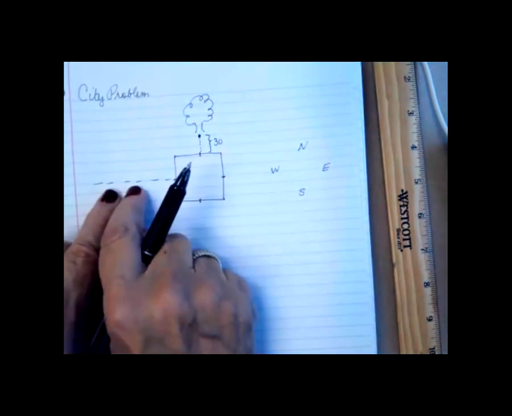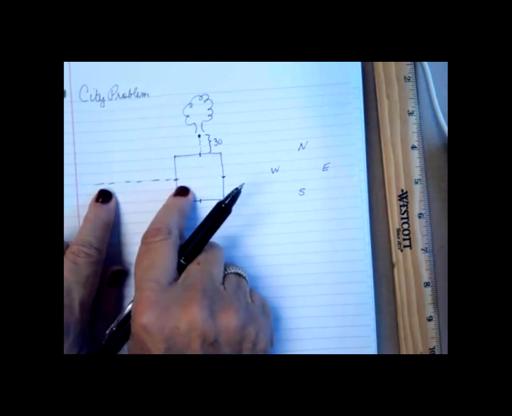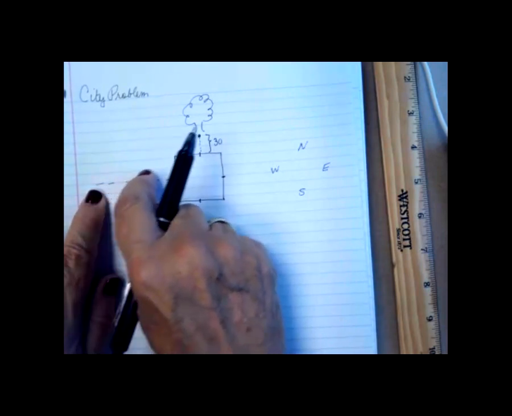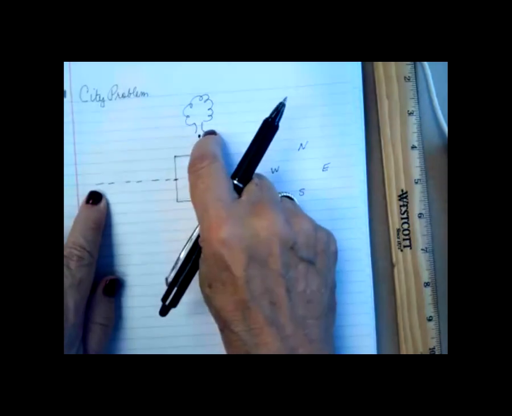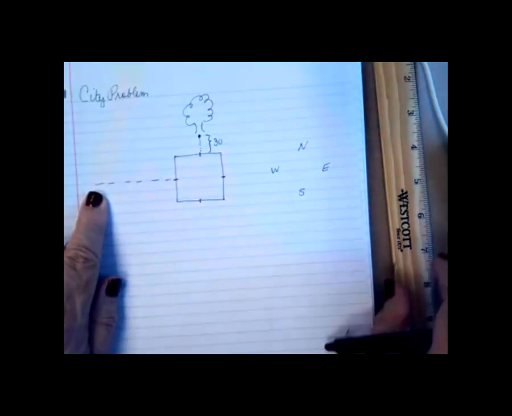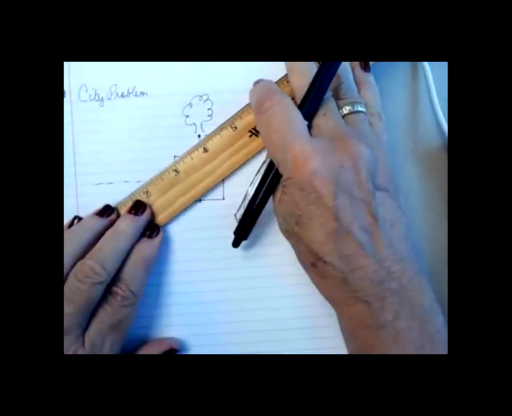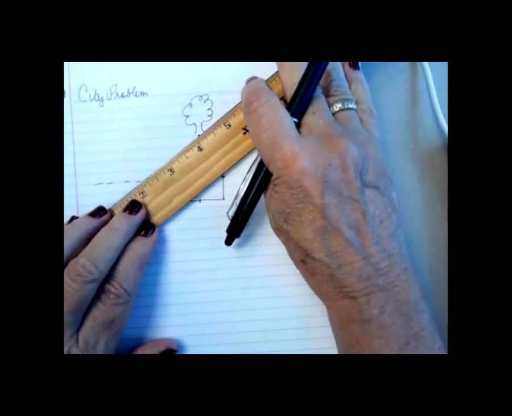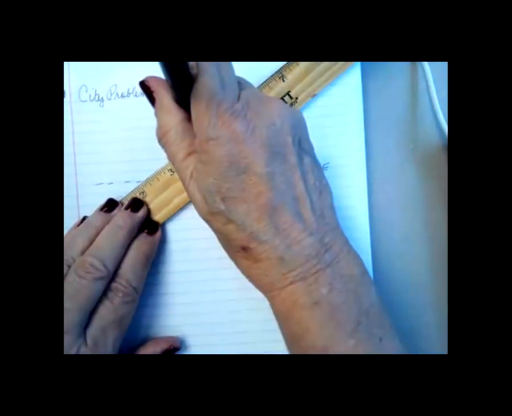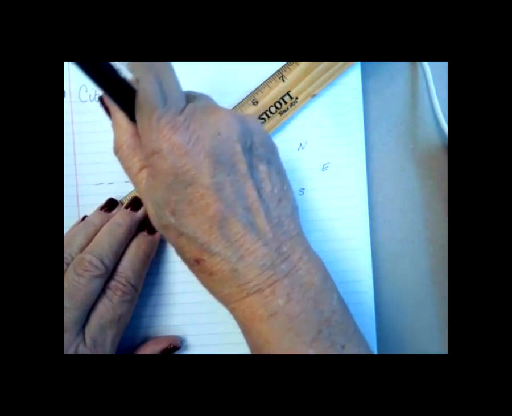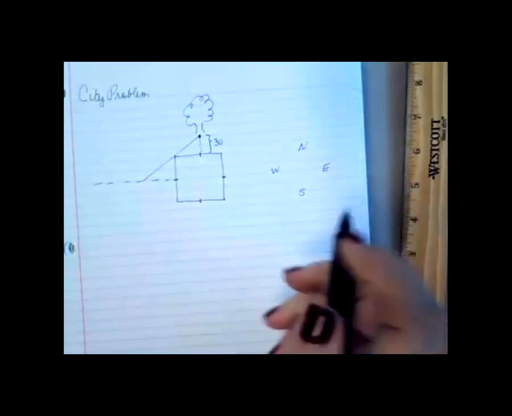So the first time I can see that tree is when my eye is lined up with the corner of that building. Okay. Oh, this is not drawn to scale at all. Okay.